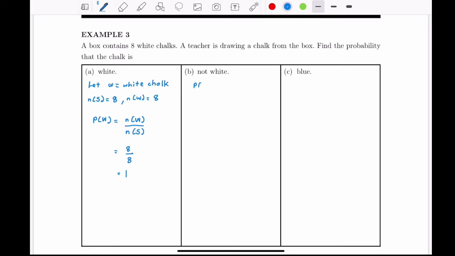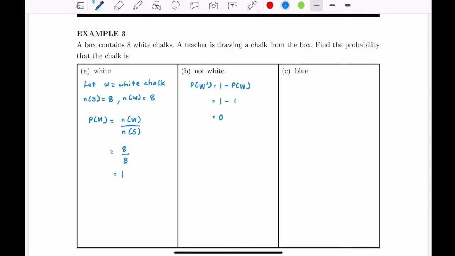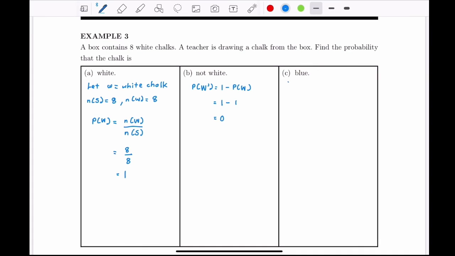Okay, not white. So not white, meaning we have to find probability W'. It also means 1 minus probability of W. So 1 minus probability of W, which is 1. So 0. It is impossible not to get white chalk. Okay.